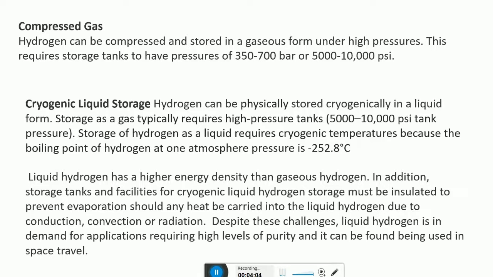In addition, storage tanks and facilities for cryogenic liquid hydrogen storage must be insulated to prevent evaporation should any heat be carried into the liquid hydrogen due to conduction, convection, or radiation. Despite these challenges, liquid hydrogen is in demand for applications requiring high levels of purity, and it can be found being used in space travel.